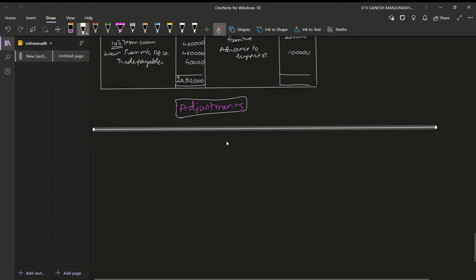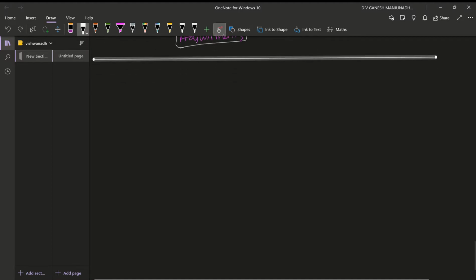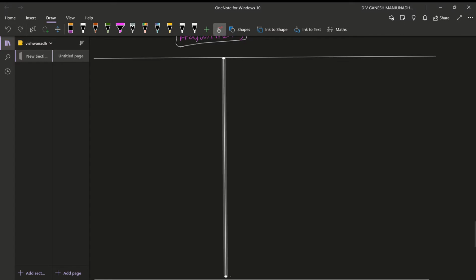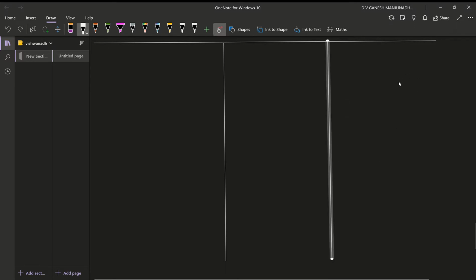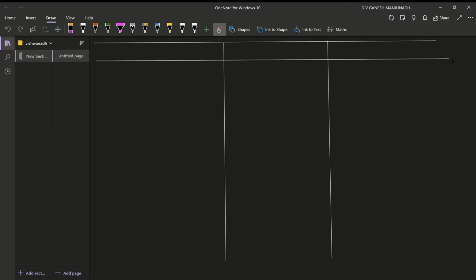Let us see, for which I am drawing one box, so that I can write here the adjustment entry, here the effect in trading and P&L account, and in this third column the effect in balance sheet, which is the position statement. Okay, let us now start.